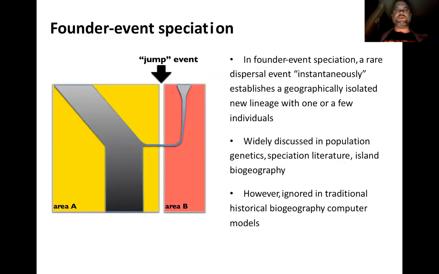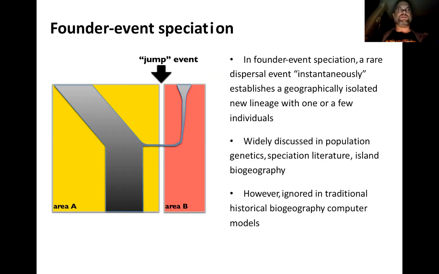Founder event speciation, which is this +J process, this jump event. Here's sort of a conceptual view of what it might mean. It's just the idea that a new small population founds a new population in a new area, jumping across a barrier, and it's basically instantly genetically isolated and soon would develop characteristics that would lead to it being called an isolated gene pool or a new species.